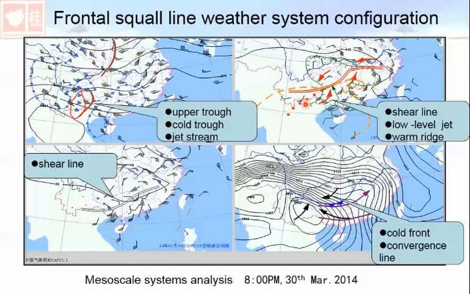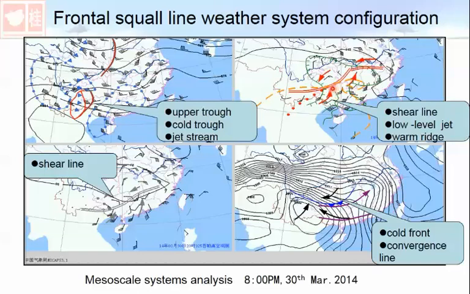At 850 millibar, the shear line was in the north of Guangxi, and the northeast to southwest low-level jet was in the southeast of Guangxi.